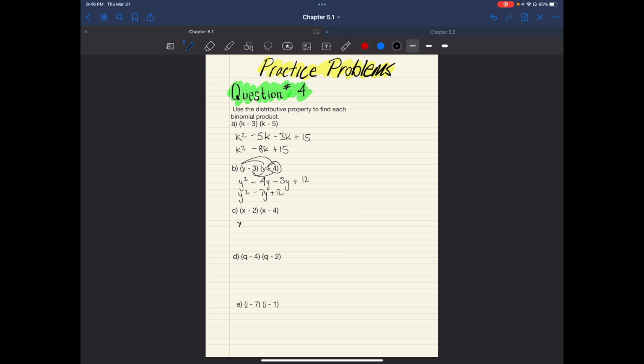Moving on to the x squared minus 4x minus 6x plus 8, x squared minus 10x. Oh, I made a mistake. Back up a little bit here. My apologies.